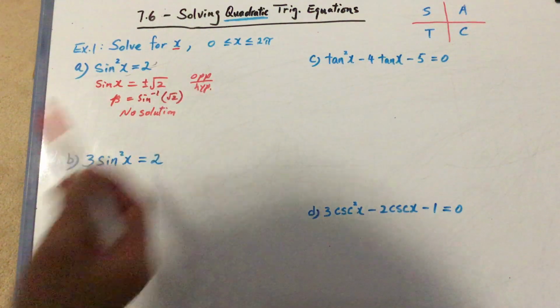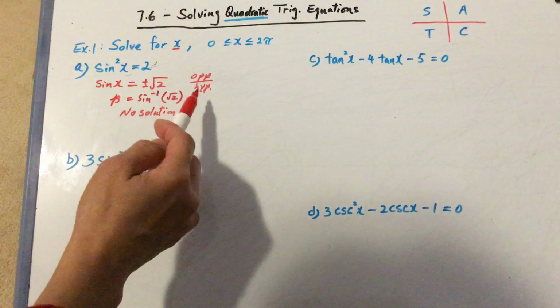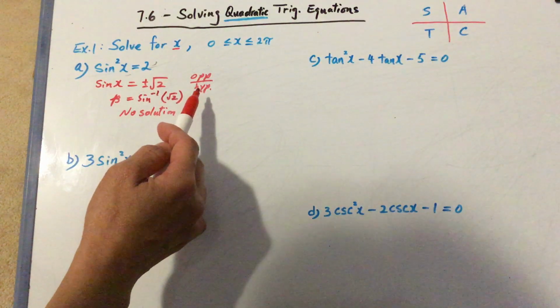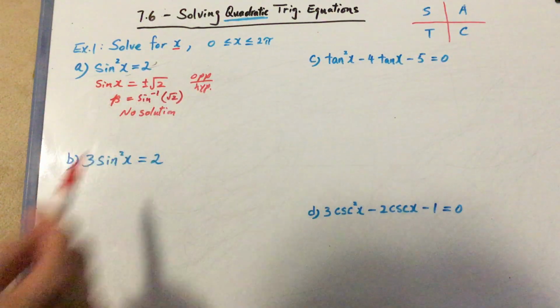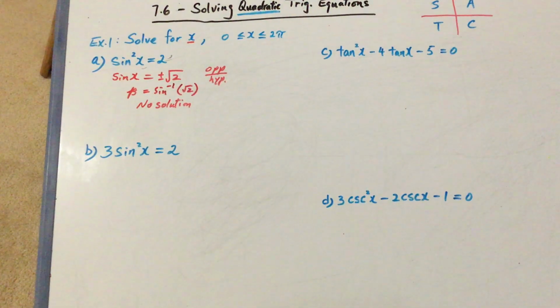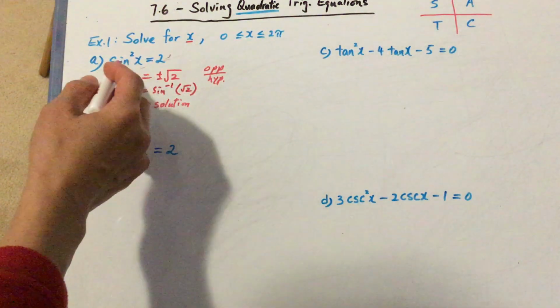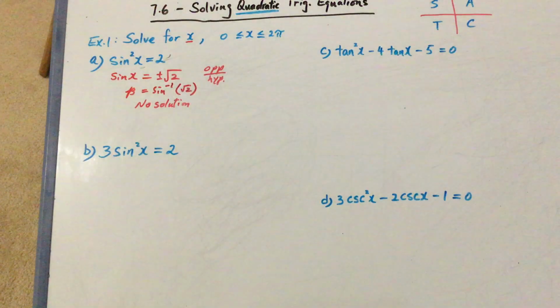If you take a look at root 2, it will not give you a decimal that's less than 1. So that is the reason why sometimes you will have no solutions. When there's no solution, there's nothing we can do about it. So the x has no solutions.